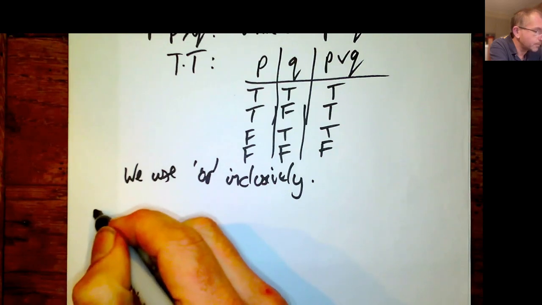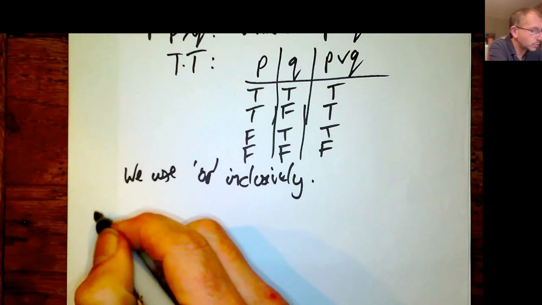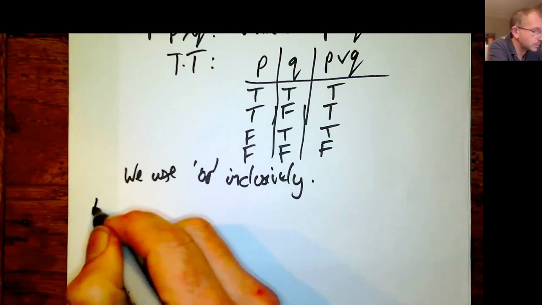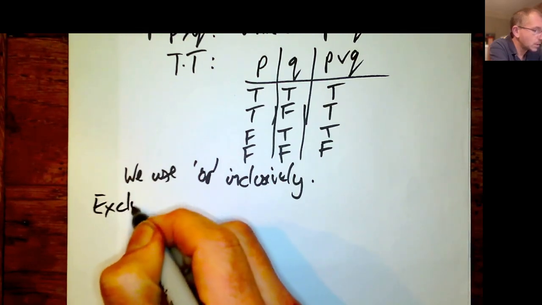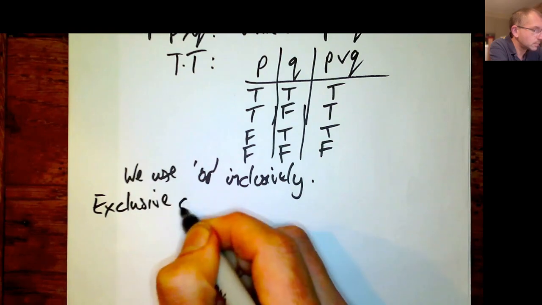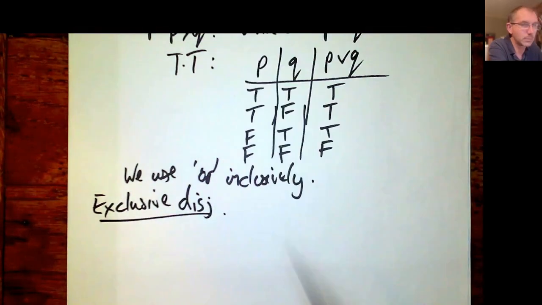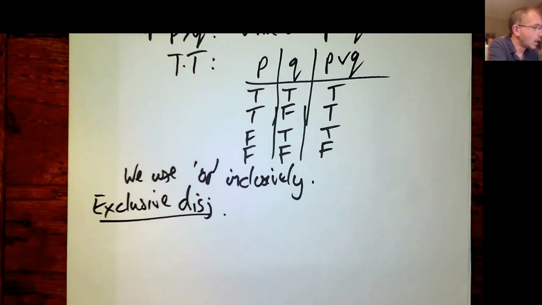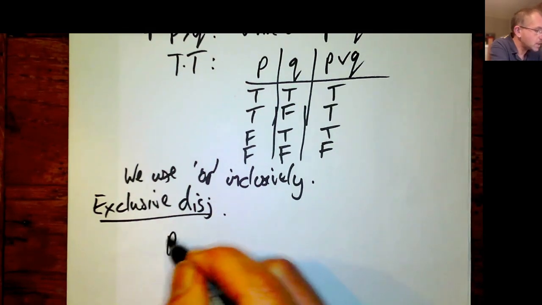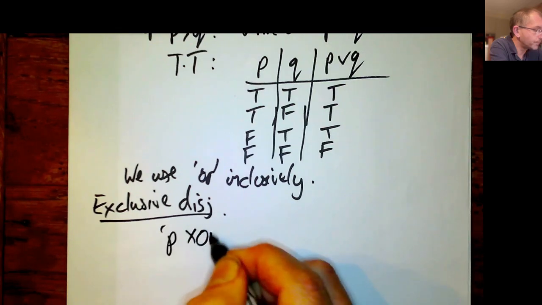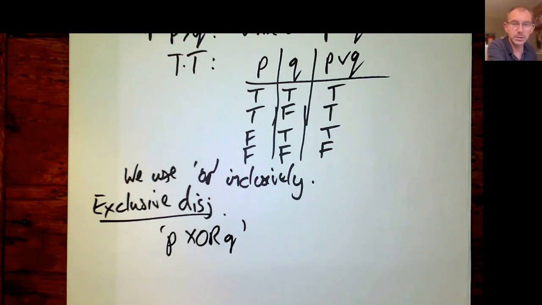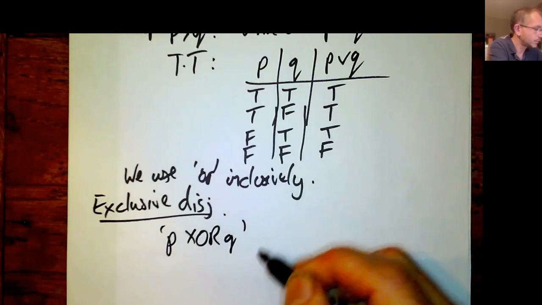Right. So that leads us very swiftly on to exclusive disjunction. I won't write that out again, but it's the same word as above. So this is P XOR Q, and it's the very thing I just told you we're not going to use.